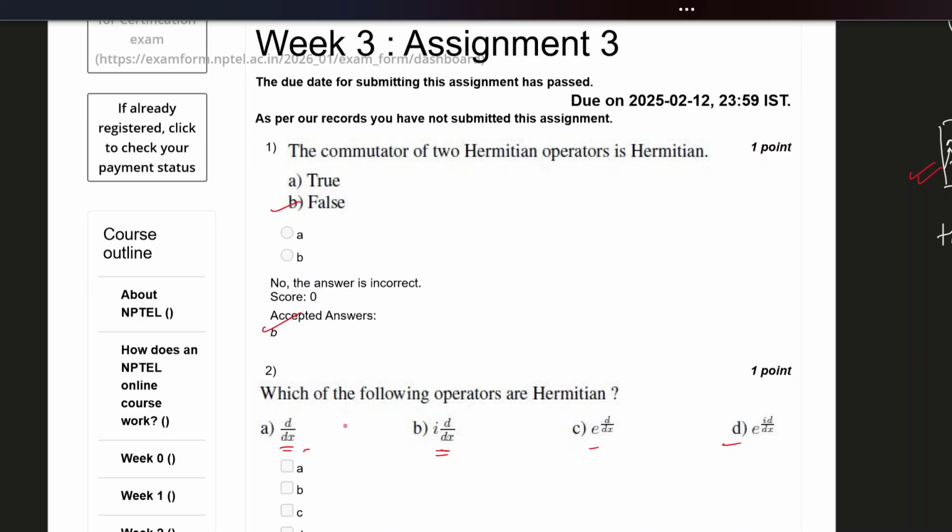So once you know whether d by dx is Hermitian or not, you can easily find out the i d by dx behavior. Similarly, if you know d by dx, you can predict e to the power d by dx, because the exponential factor does not add anything to the operator being Hermitian or not.